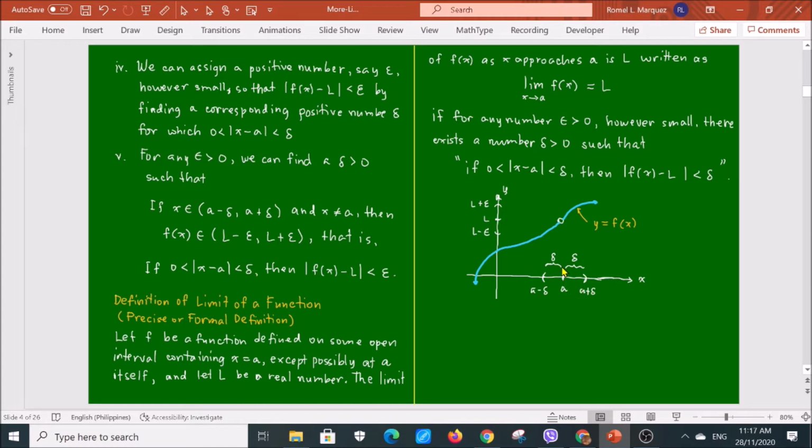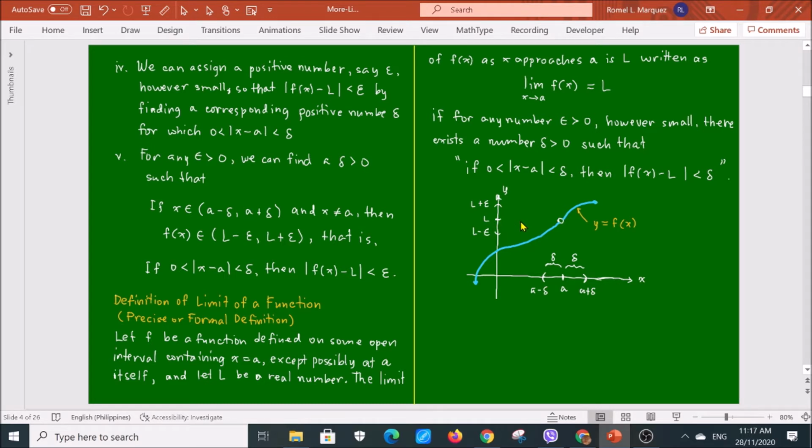If you try to make your delta small, then it means your x is getting very, very close to a. So your L is attained, meaning the function will be very, very close to L, and that's the limit.